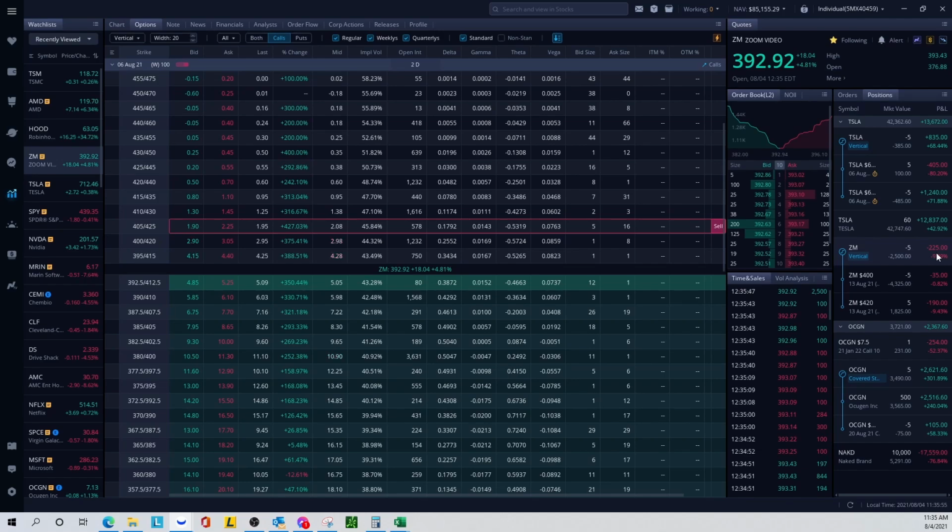That's mainly because if you sell a credit spread, then you want the stock price to move away from the strike. If the short strike on Zoom is 400, then you want the stock price to be moving away from 400, anything less than that.